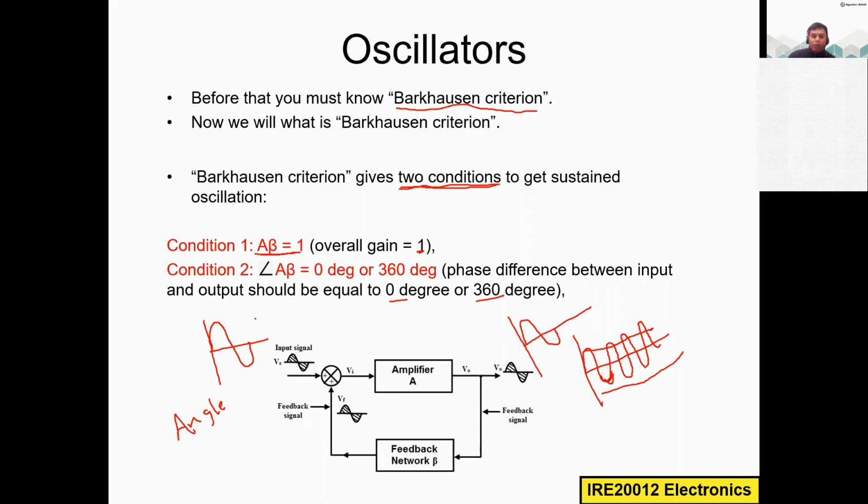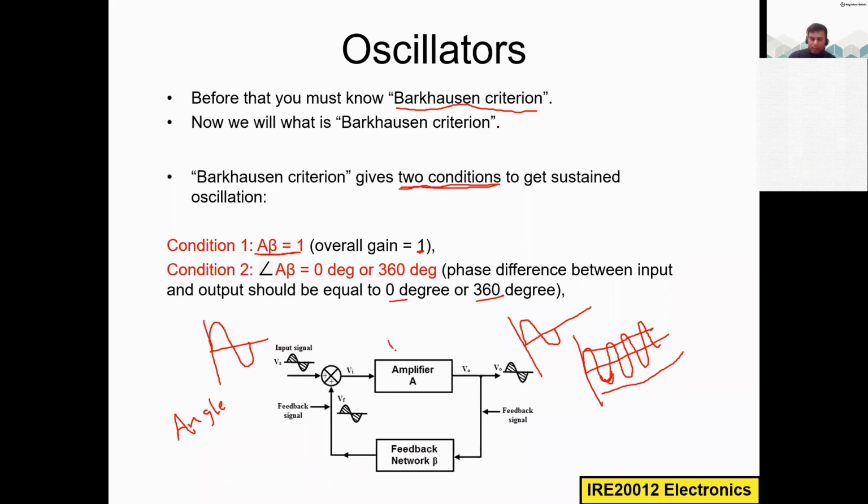Now, if I want to have the same phase without any phase difference between input and output, then I must have this condition: the angle of this A beta is equal to 0 degree or 360 degree. So 0 degree means what? The output signal is the same as the input signal. 360 degree means it's still the same.